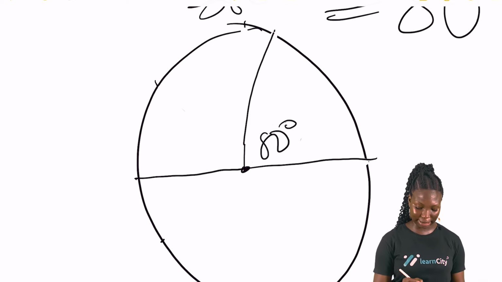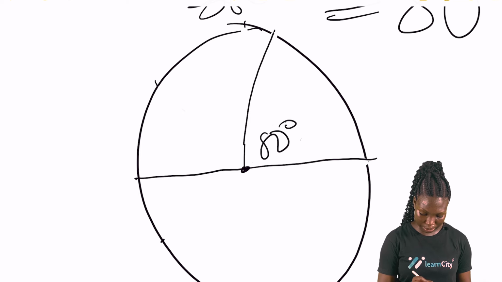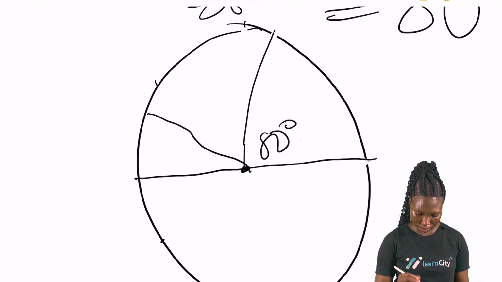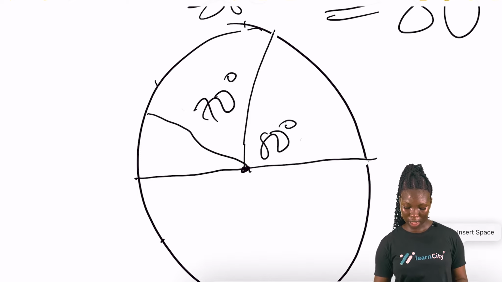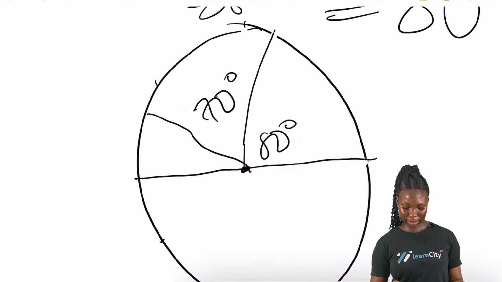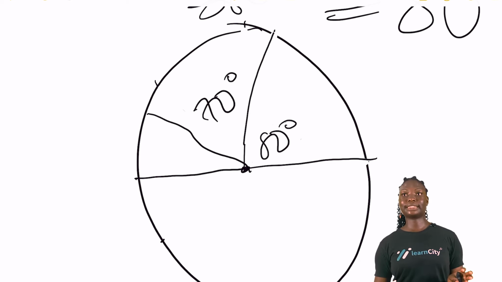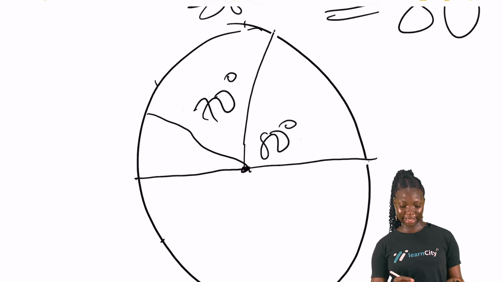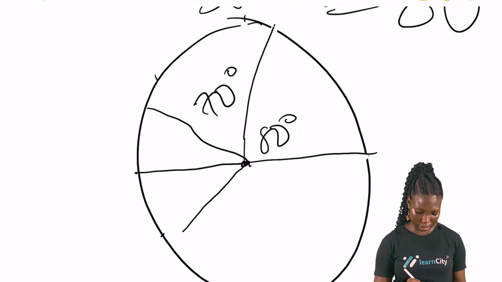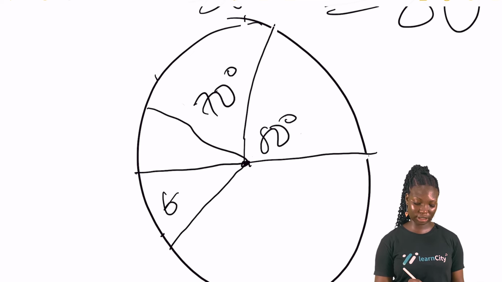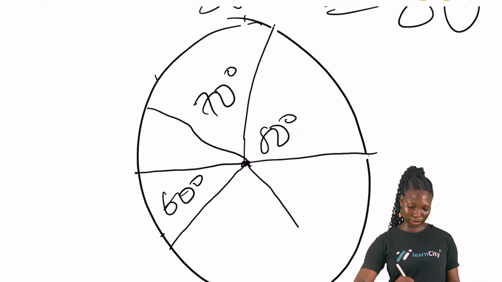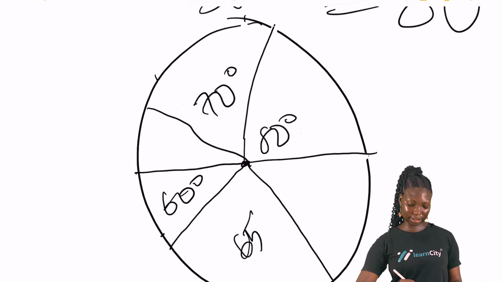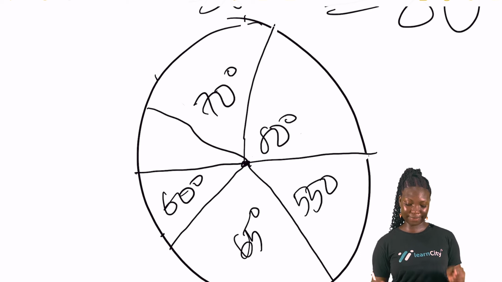So drawing our 70, we can have it in this form. So this is 30, adding another 30 to it can give 60 degrees. So we have 65 degrees and 55 degrees.